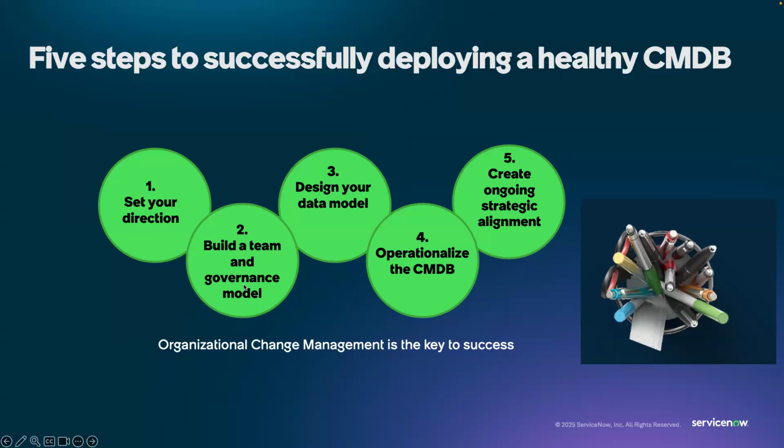Because once you implement your first scope, you want to expand the scope of the CMDB that are tied to your direction, right? So you need to continually meet with those teams to build that governance model, right? And then design your data model, right? Understand the existing data model and figure out where you potentially may have to make some changes, right?